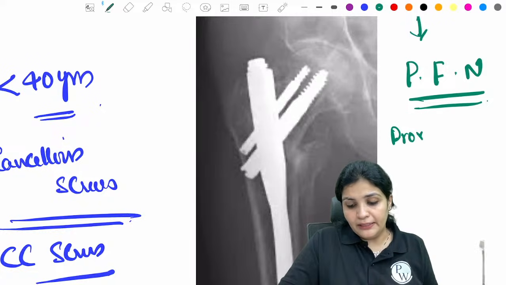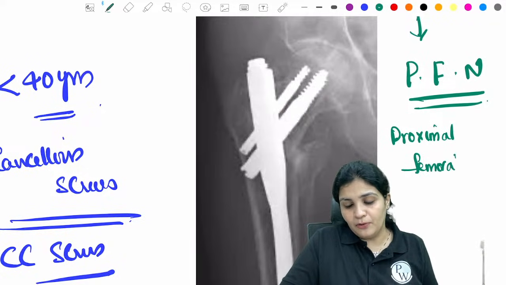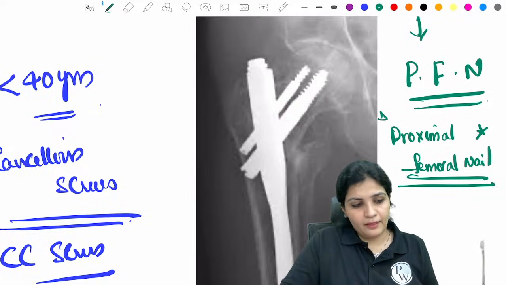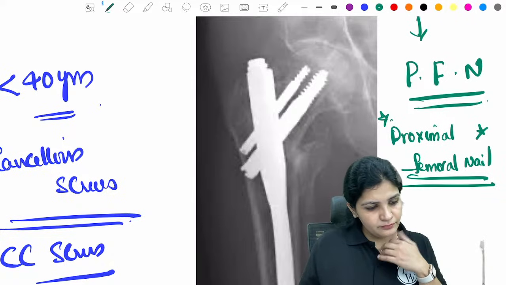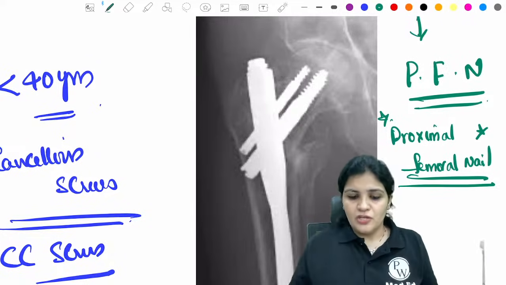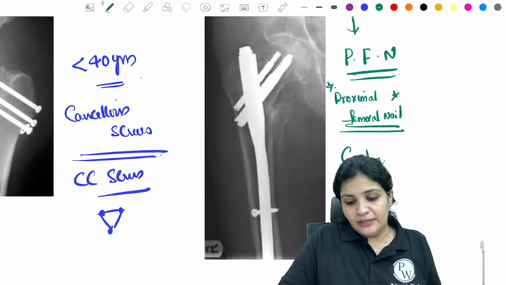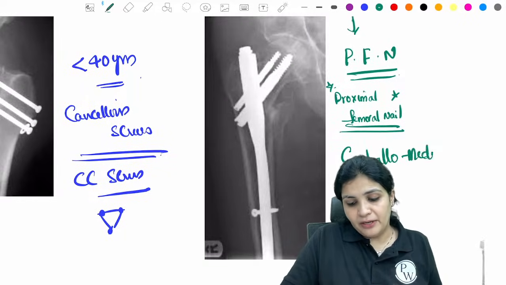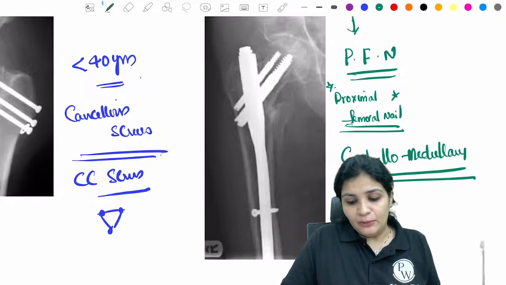This is the PFN. It is also called the cephalomedullary nail, which means the nail is in the medulla and the screws are in the head.